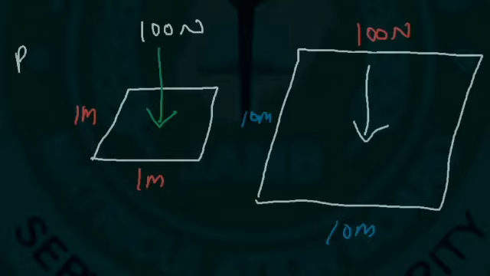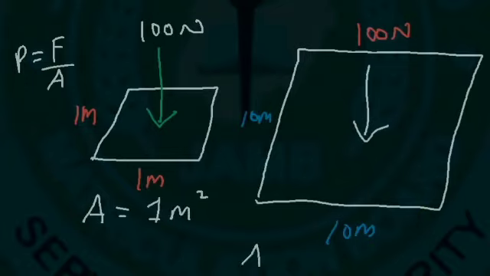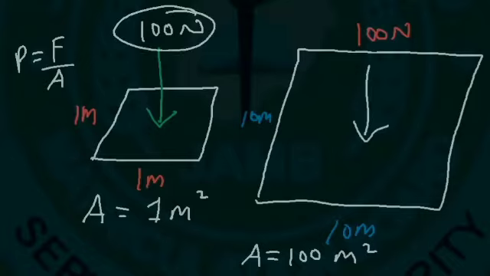So pressure is force over area. The area for the square on the left is 1 times 1. It's 1 square meter. But for the figure on the right, it's 10 meters times 10 meters, so it's 100 square meters. So we have a force of 100 newtons being applied over an area of 1 square meter. So the pressure is force over area.